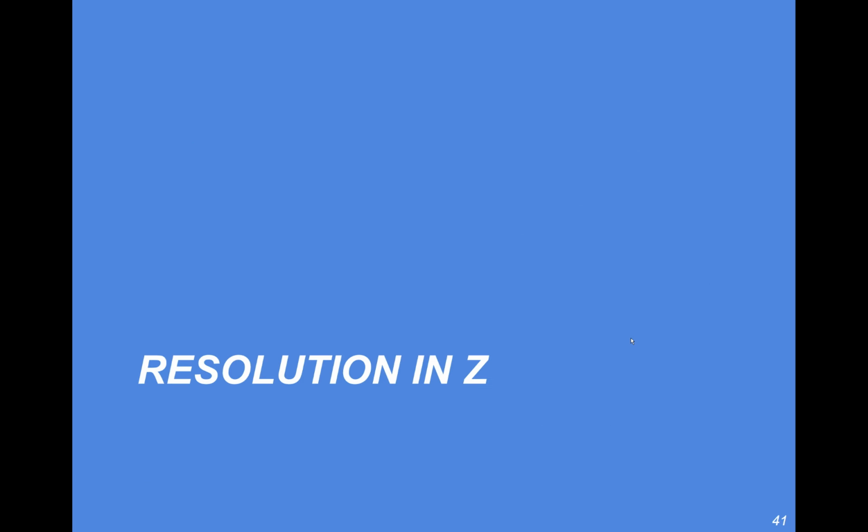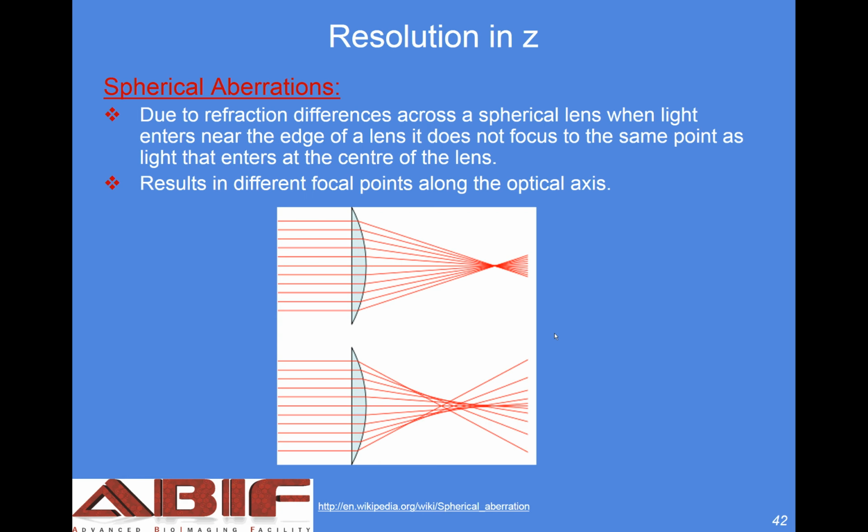So we also have resolution in Z. If we're looking at a thick sample and doing a Z stack, what do we need to worry about as far as the objective lens? The main issue looking into a sample is spherical aberrations.